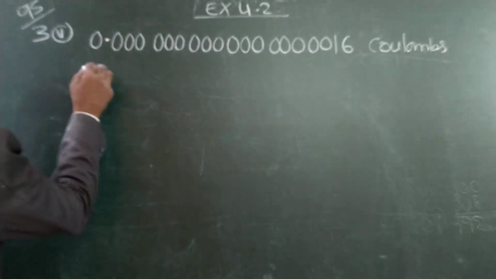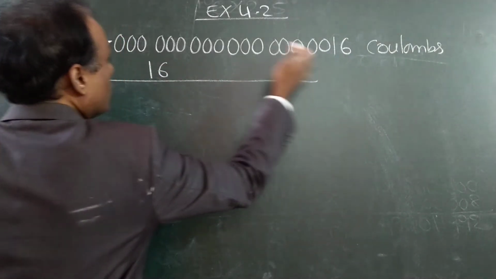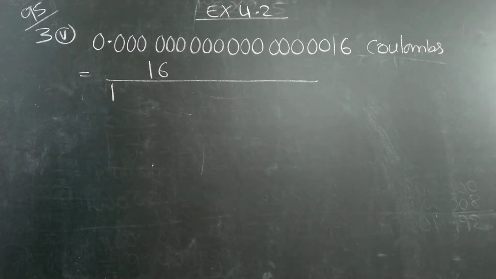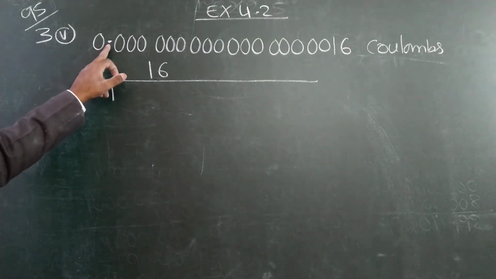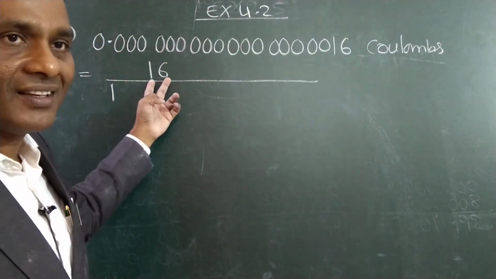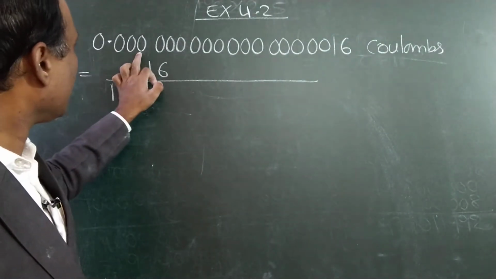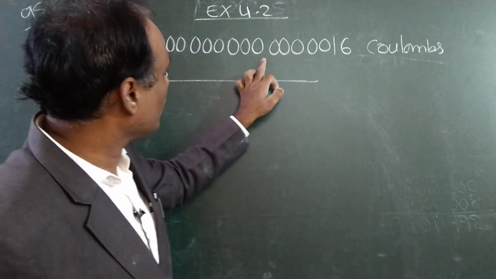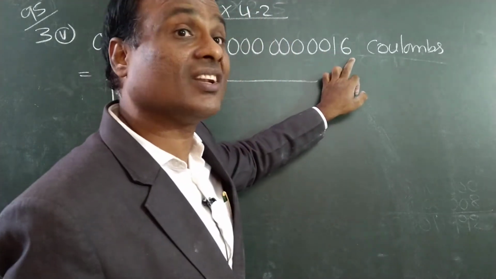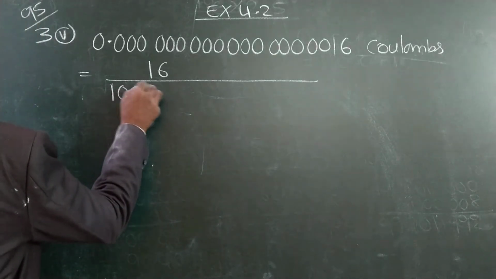First, remove the decimal. After 1, how many zeros? 16 we write. How to remove the decimal? 16 is written, 1, 3, 6, 9, 12, 15, 16, 17, 18, 19 digits, including this 1, 6.